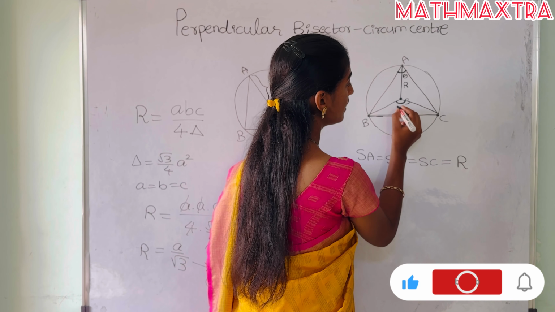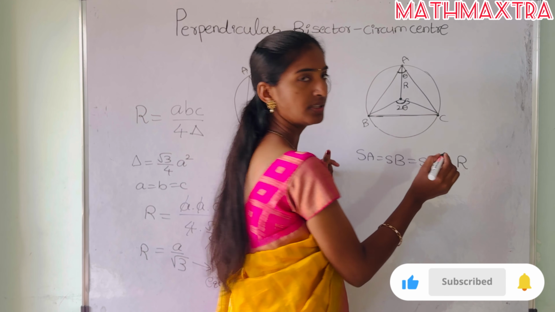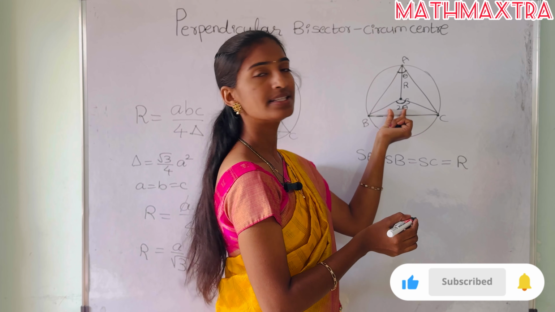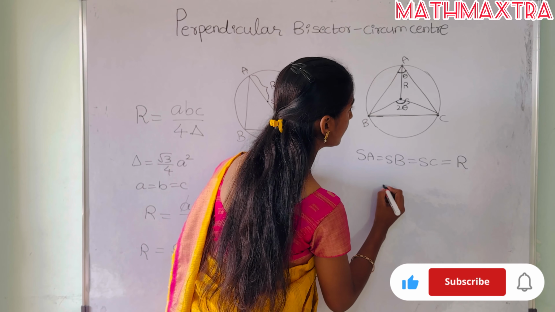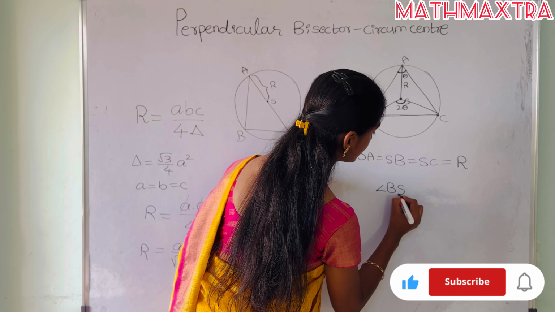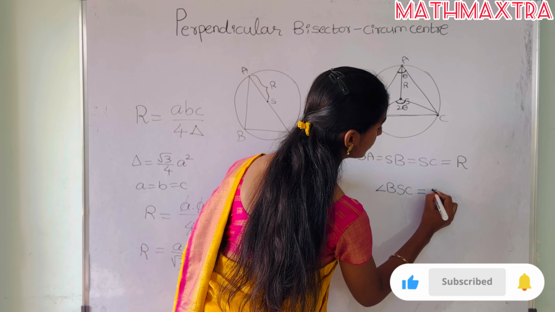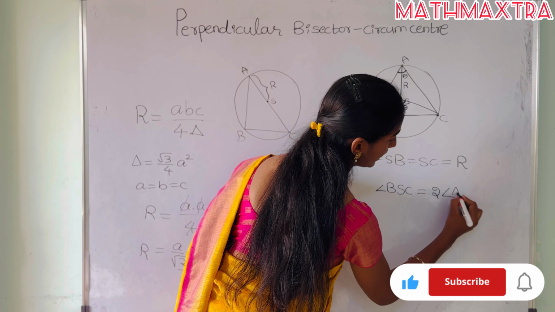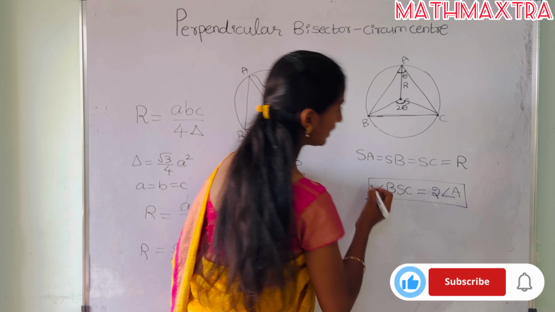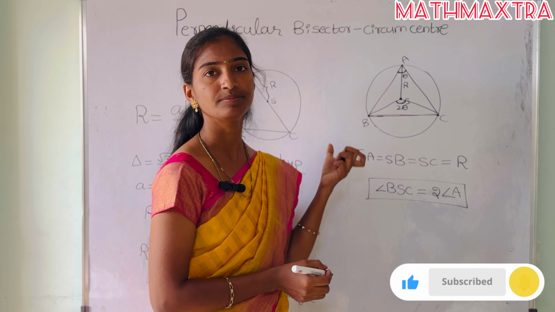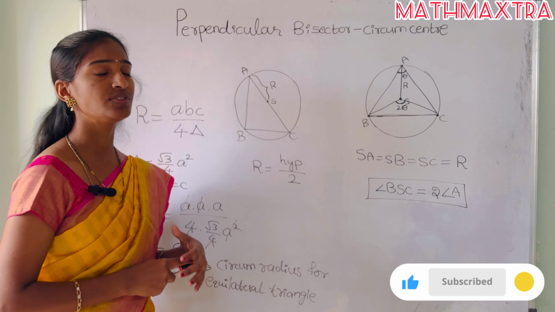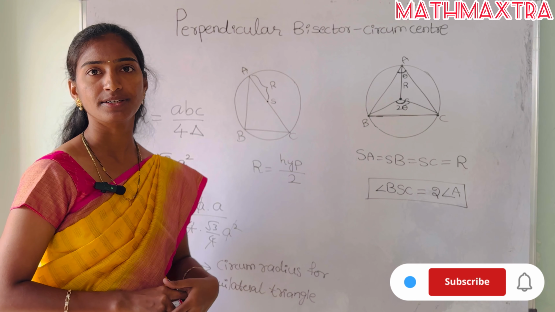If this is theta, this is 2 theta. That is the relation between this angle and this angle, which is angle BSC equal to exactly 2 times angle A. This relation is important in the case of the circumcenter. These are some properties related to the circumcenter. Thank you.